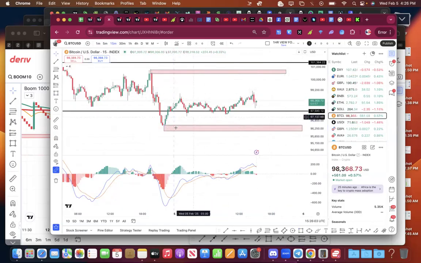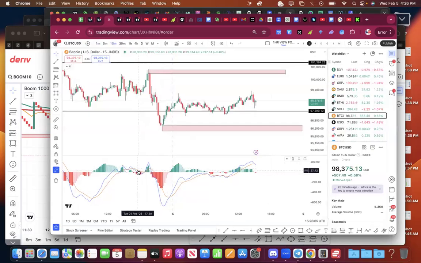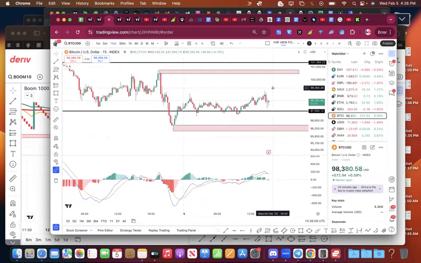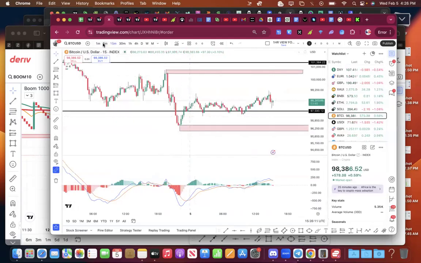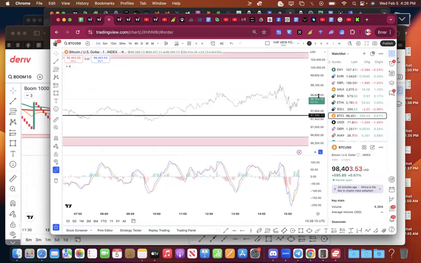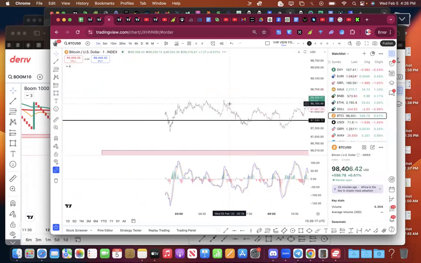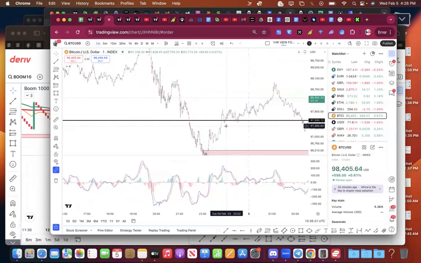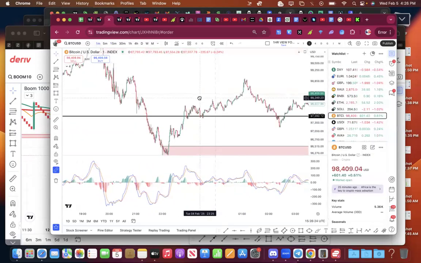So when the market came down here, of course, you're already seeing your MACD crossing, and that's fantastic, right? So ordinarily, let's go to 1 minute. If you go to 1 minute, see what you have seen.